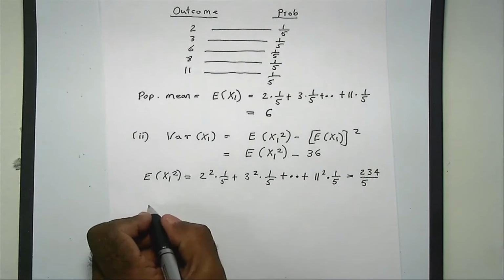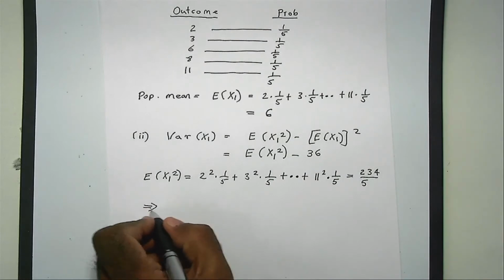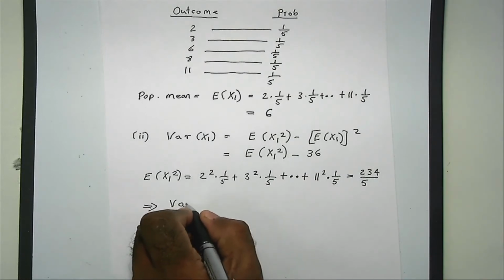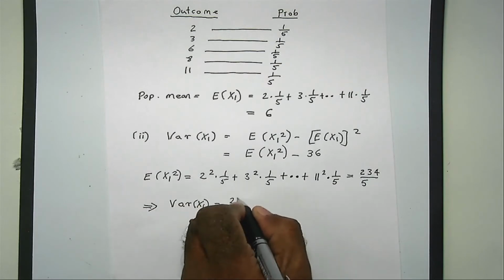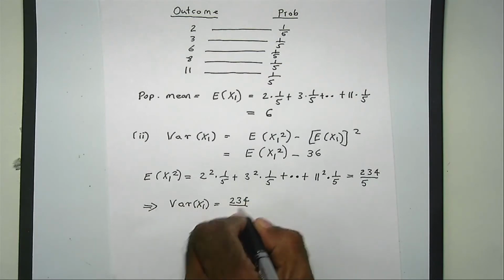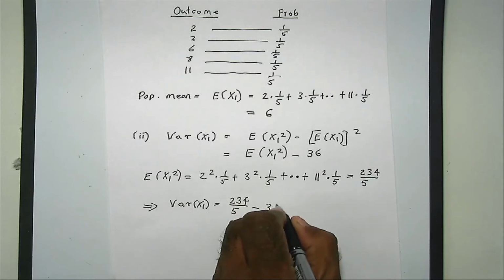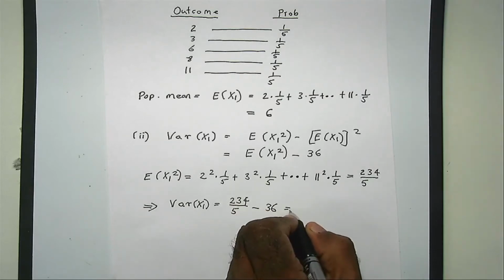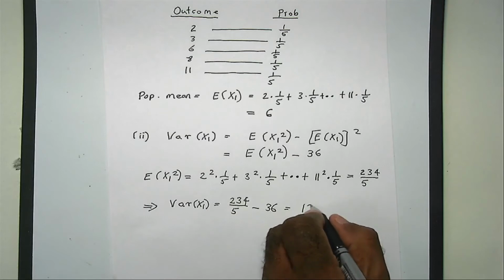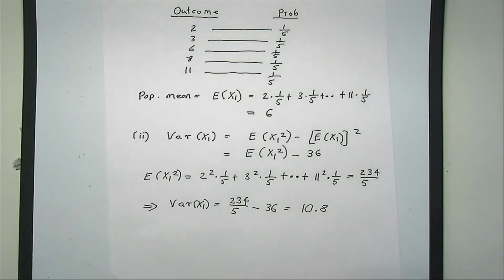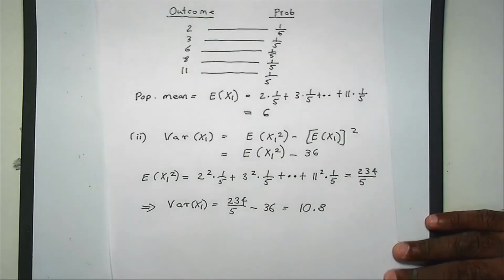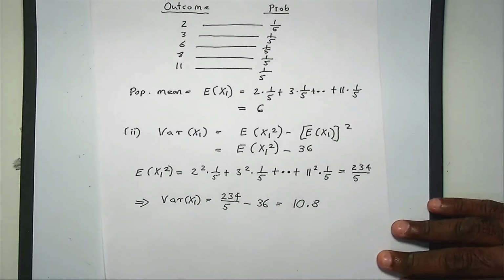Hence the variance of x1 is 234 divided by 5 minus 36, and this is equal to 10.8 approximately. Okay. Alright guys, so that's part 2 of question 3.